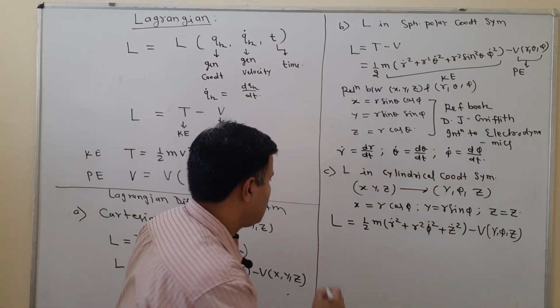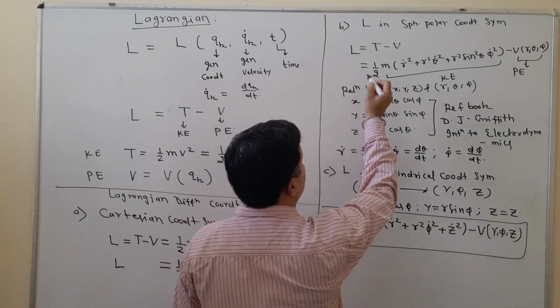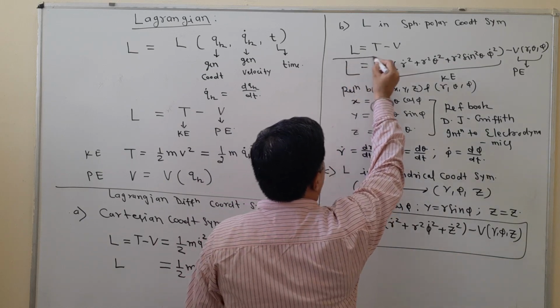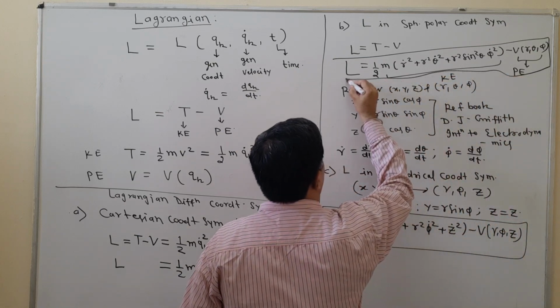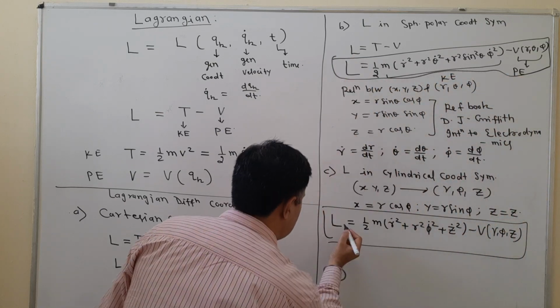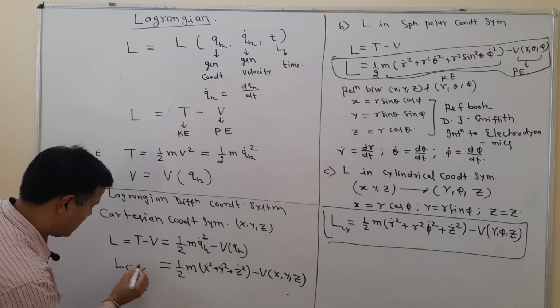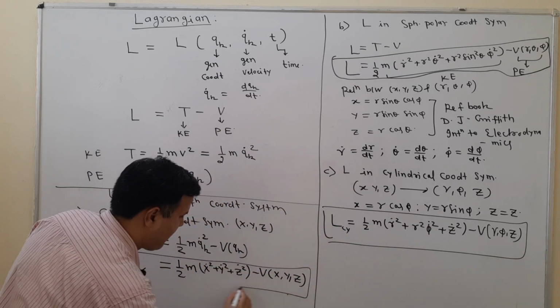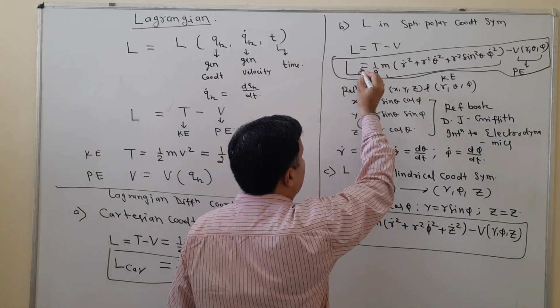So this is the Lagrangian for the cylindrical coordinate system, and this is the Lagrangian for spherical. So this is L cylindrical, this is L Cartesian, and this is L spherical.